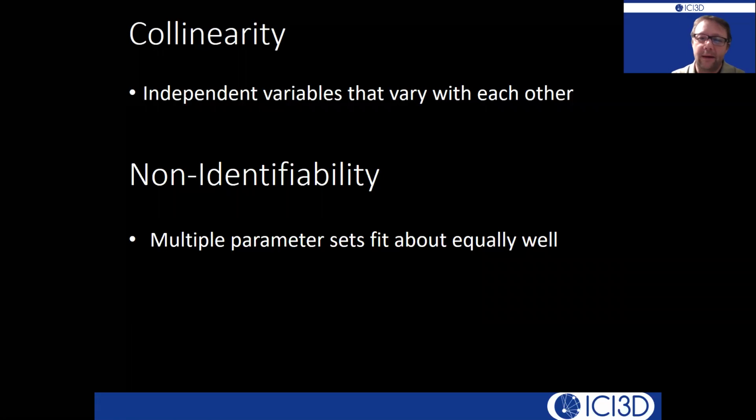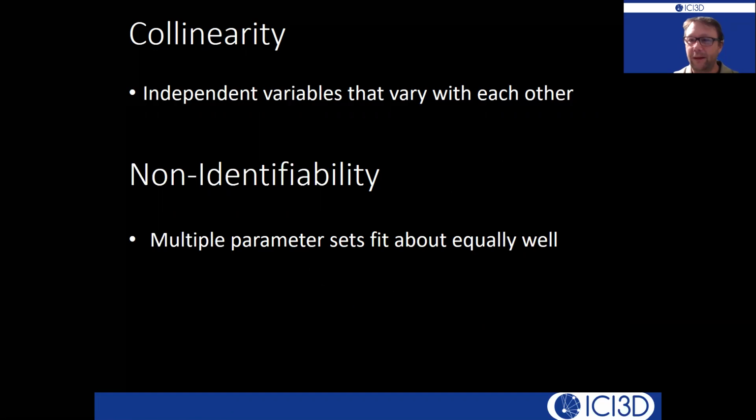Non-identifiability, again, is another thing that we need to watch out for when we're fitting models to data and model building. This just means that different parameter sets fit just as well. In the context of dynamic models, maybe we have a transmission parameter and a recovery parameter.